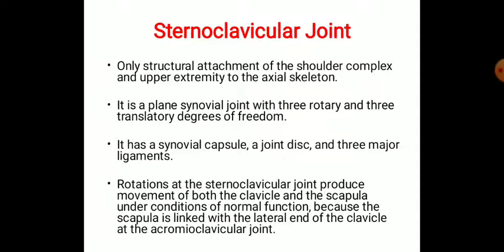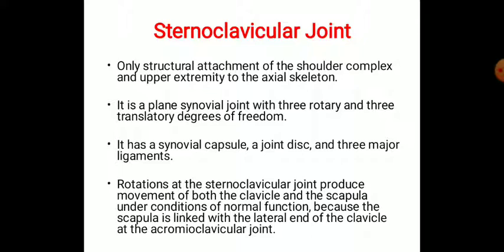Like a normal synovial joint, it has a synovial joint capsule and a joint disc, and it is surrounded by 3 major ligaments. The rotations at the sternoclavicular joint produce movement of both the clavicle and scapula under conditions of normal function, because the scapula is linked with the lateral end of the clavicle at the acromioclavicular joint.